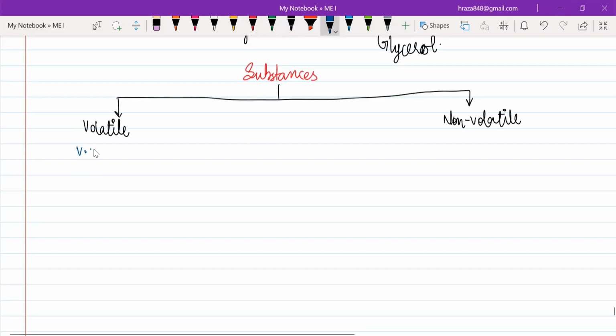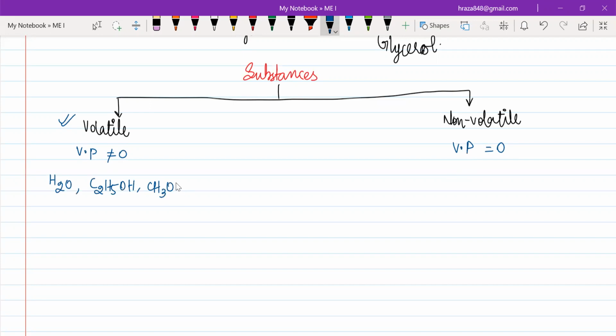The substance which is volatile will create vapor pressure, and the substance which is non-volatile will not create vapor pressure, so vapor pressure will be equal to zero. Examples of volatile substances are H2O, C2H5OH, CH3OH, etc. Non-volatile substances are urea, glucose, sucrose, etc.